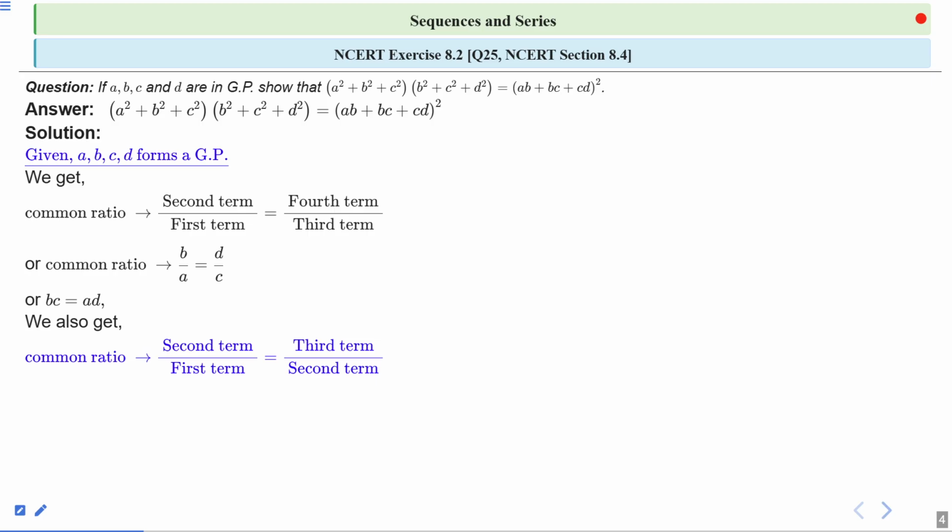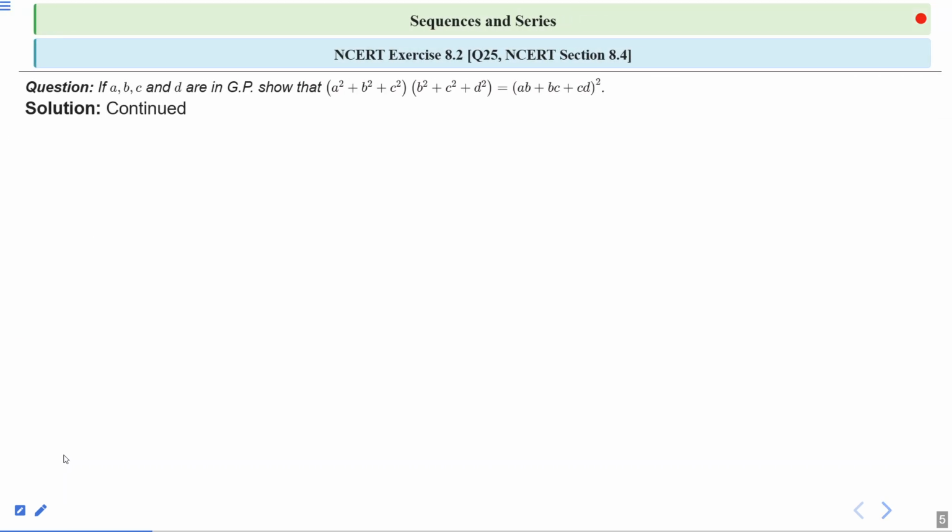So here the common ratio B over A is equal to C over B. Now if we cross multiply, from here you will get the equation B square equal to AC.